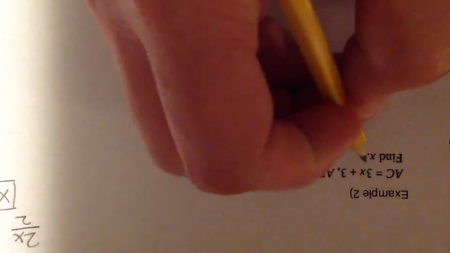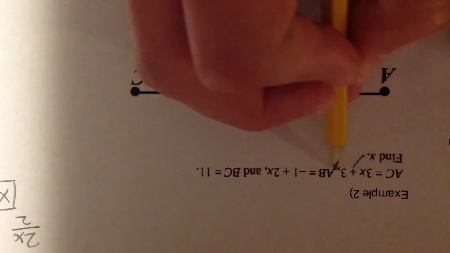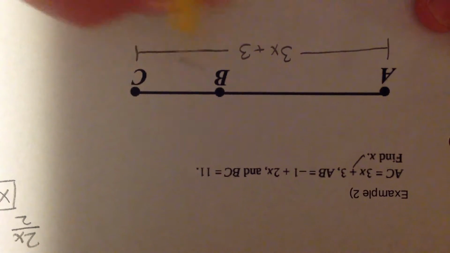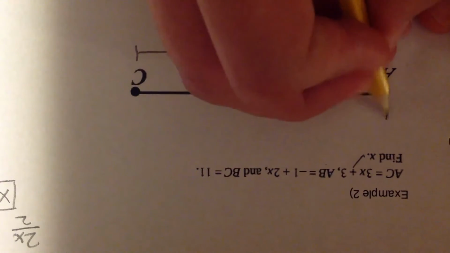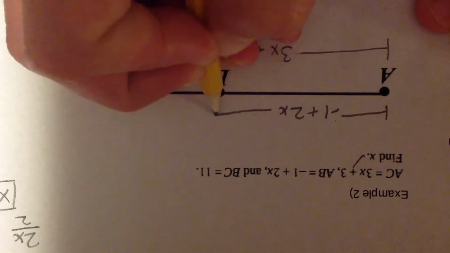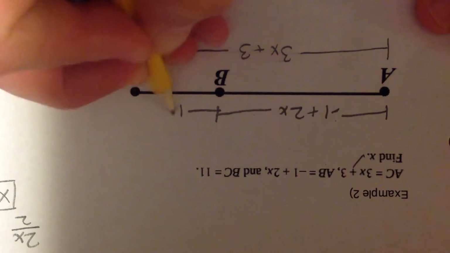In the next equation, we're also looking for x. Let's see what we're given. AC equals 3x plus 3. That's the entire thing. We're also given AB is negative 1 plus 2x. And BC this time is 11.